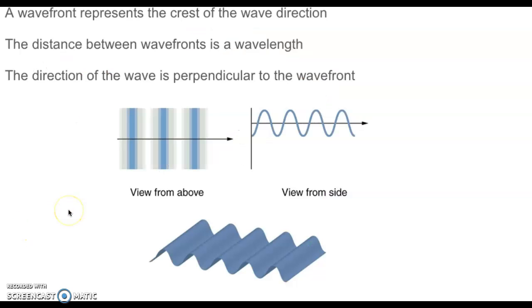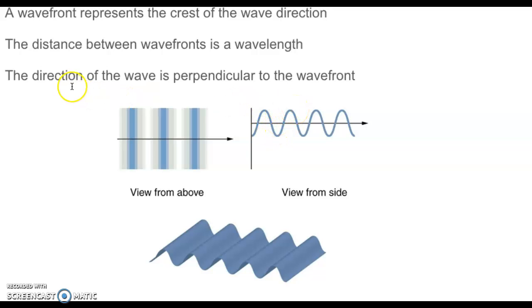Now, these wave fronts are very specific in their behavior. The wave front represents the wave direction. The distance between wave fronts is equal to one wavelength, of course, because from a crest to a crest we have an entire wave.